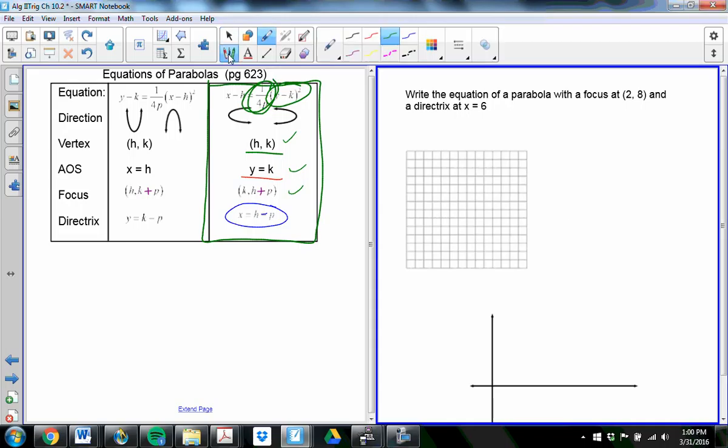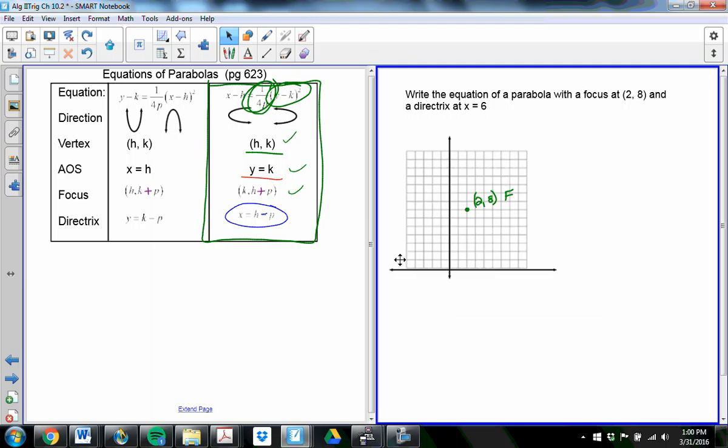So I'm just going to graph those things. I'll put 2, 8. I would like to put the vertex in the middle, but all I have right now is a focus, so I'll put my focus here at 2, 8. That's my focus. And the directrix is at x equals 6. Well, if that's the point 2, 8, there's my y-axis. 1, 2, 3, 4, 5, 6, 7, 8.